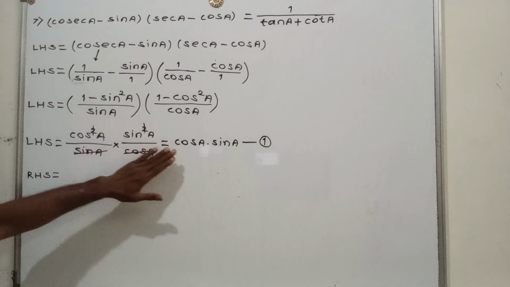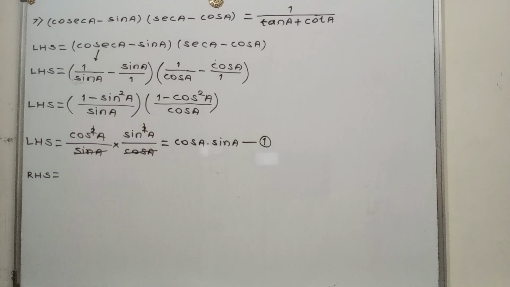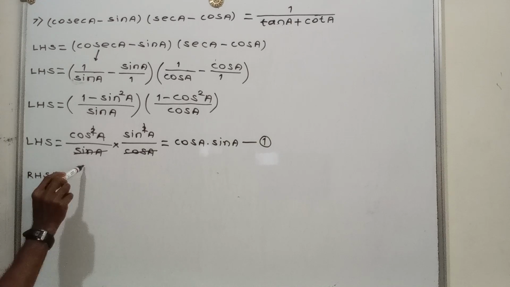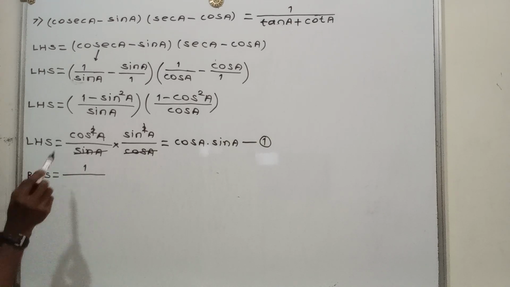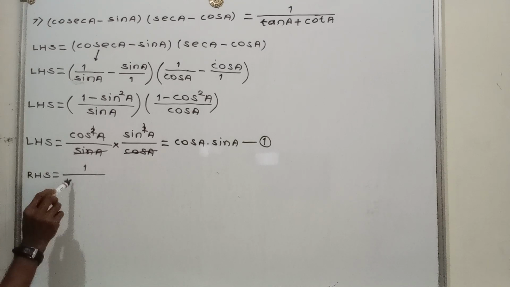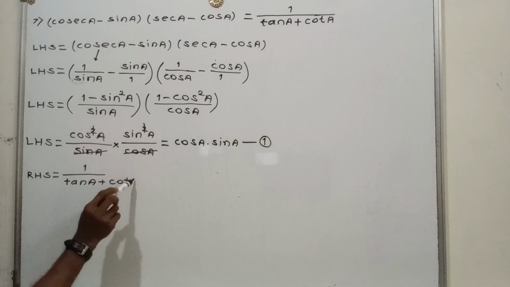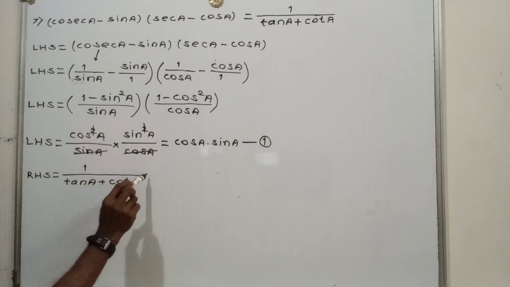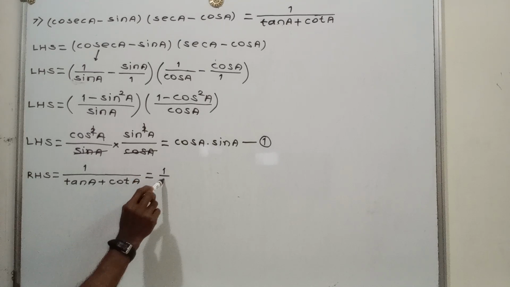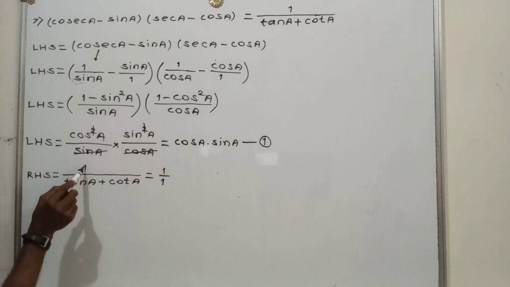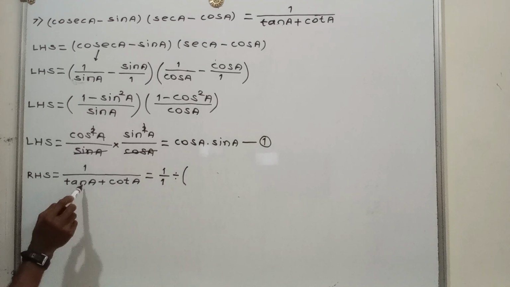We can prove it with the help of this RHS, but that becomes very difficult. So I will show you another simple method. Taking RHS equal to 1 upon tan A plus cot A is equal to, see this, 1 upon 1 divided by this denominator.